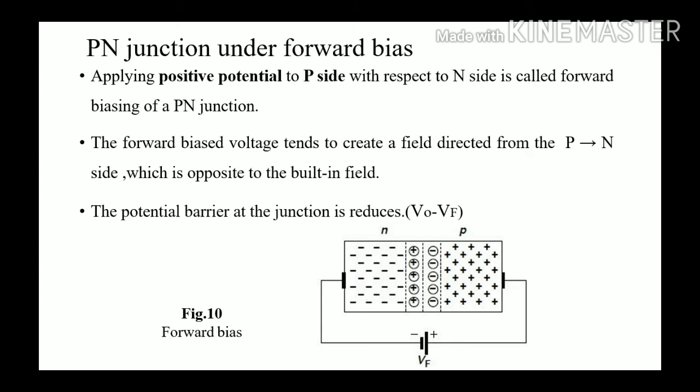Thus, the resultant electric field across the junction under forward bias is reduced as compared to the built-in field. Hence, the potential barrier at the junction also reduces to V0 minus Vf, where V0 is the built-in potential under equilibrium and Vf is the forward bias voltage.